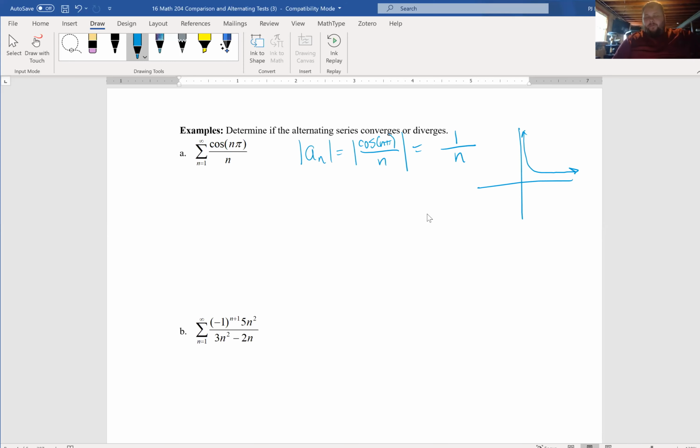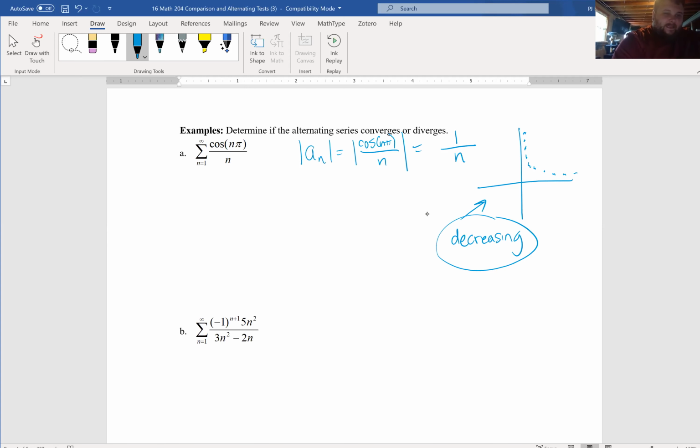That function is decreasing, which means if I plotted the individual points, well, then they would just look like this. And they would also be decreasing. So to satisfy the first criteria, you just need to plot it and show that it's decreasing.